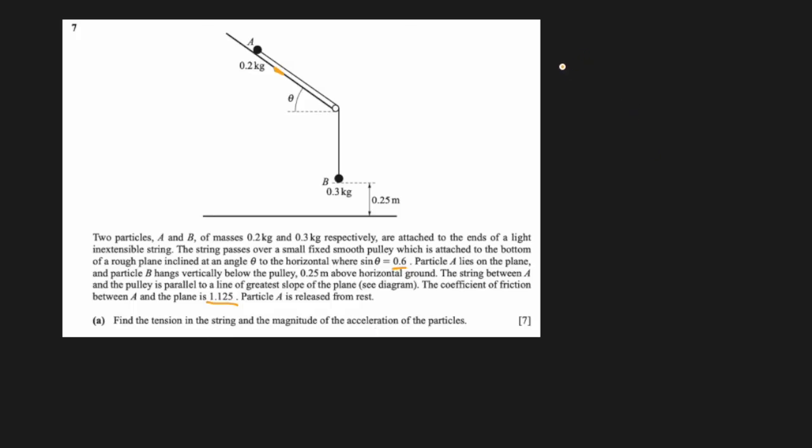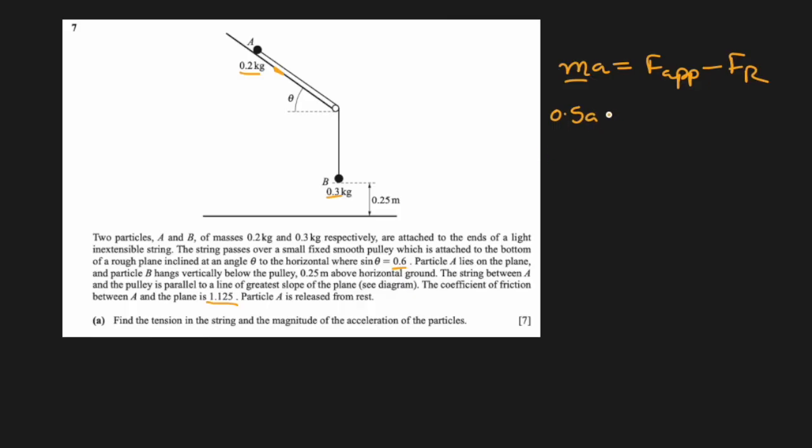For acceleration we'll use our usual equation, which is that net force is the applied force minus resistive force. So mass in this case are both 0.2 and 0.3, so 0.5.